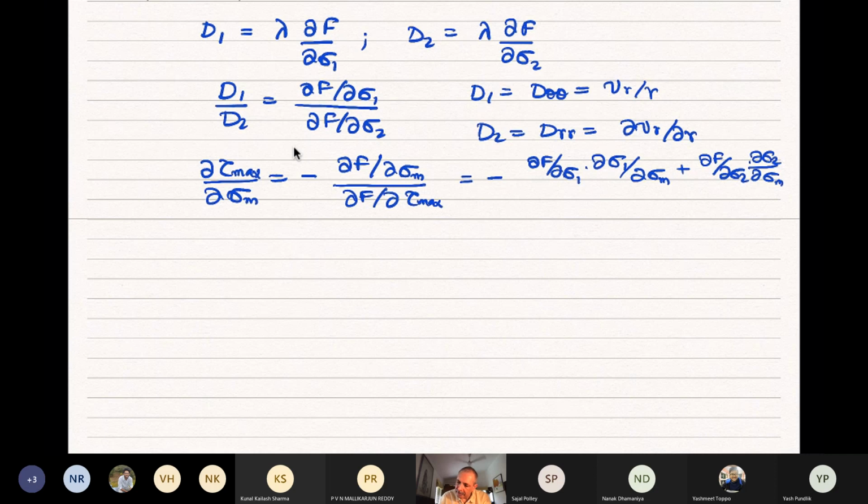So that is del f by del sigma m in terms of sigma 1 and sigma 2, and then divide by del f by del sigma 1 into del sigma 1 by del tau max plus del f by del sigma 2 into del sigma 2.